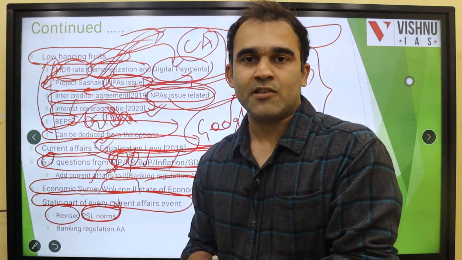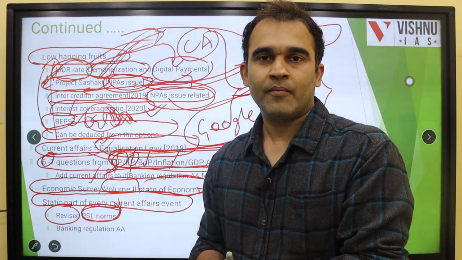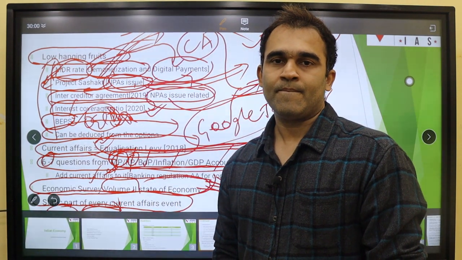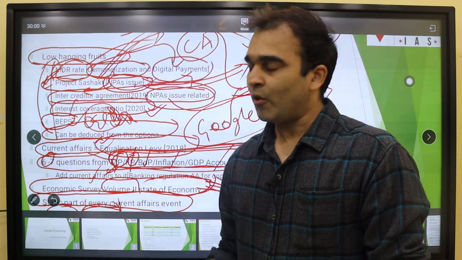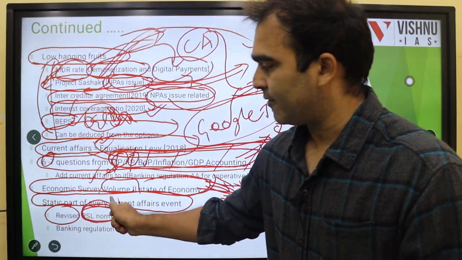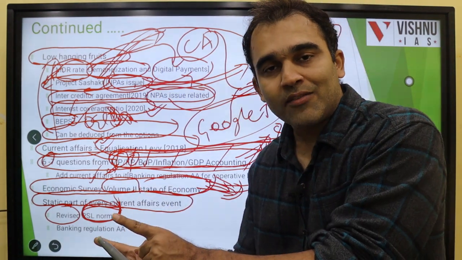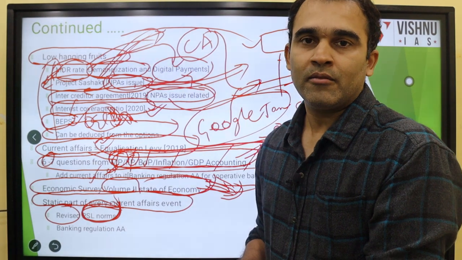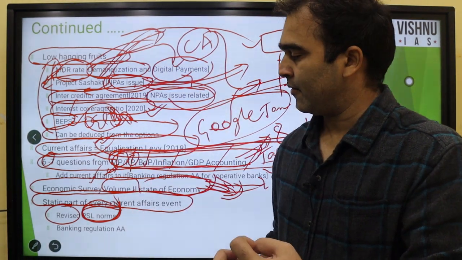Agriculture has the highest weightage. That becomes your static part. So for every current affairs event, you should go to the static part. Then append whatever change the government policy has brought in.